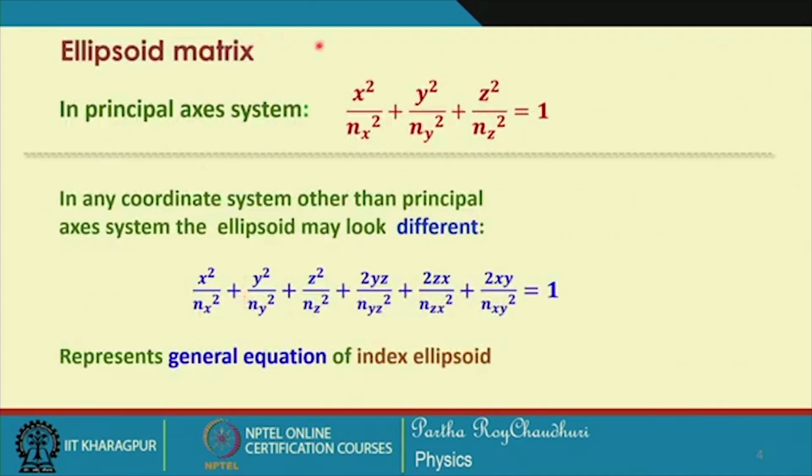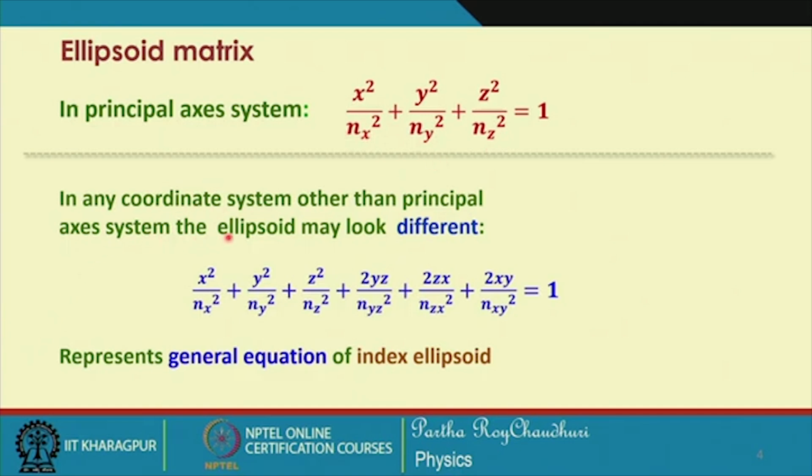So, let us look at this index ellipsoid matrix. In general, if you have an anisotropic medium which is characterized by the three refractive indices n x, n y and n z, you can write this index ellipsoid in this form. Note that this is the principal axis system, because you have three crystallographic axes along which the refractive indices are characterized as n x, n y and n z.